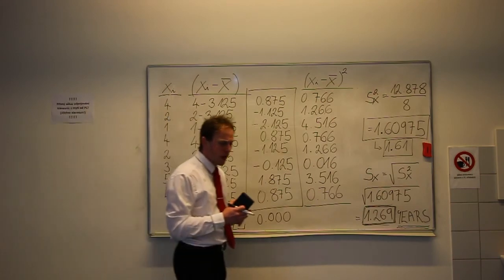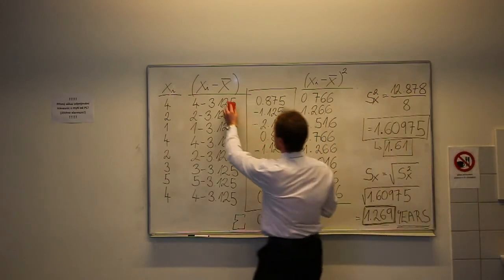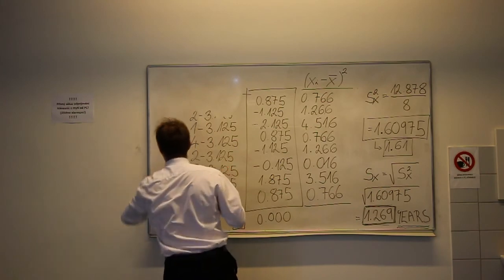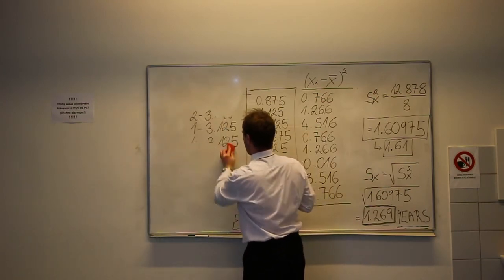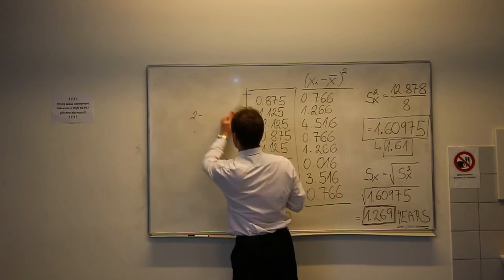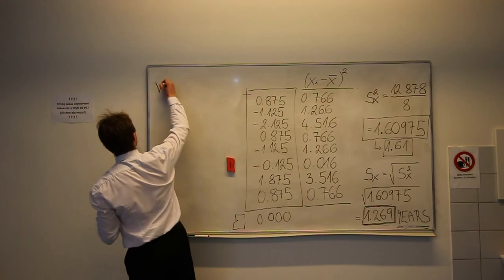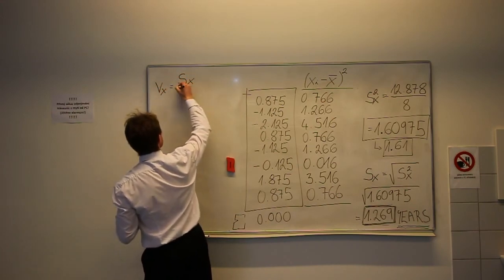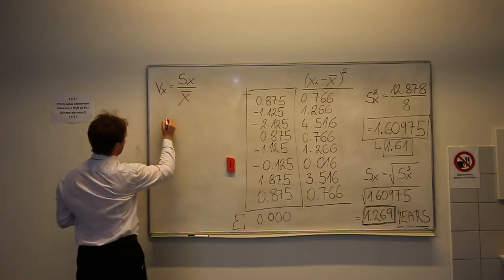Finally, we have to calculate the variation coefficient. I will delete some values here because I need space. The variation coefficient is calculated as Vx equal to the standard deviation Sx divided by the arithmetical mean.